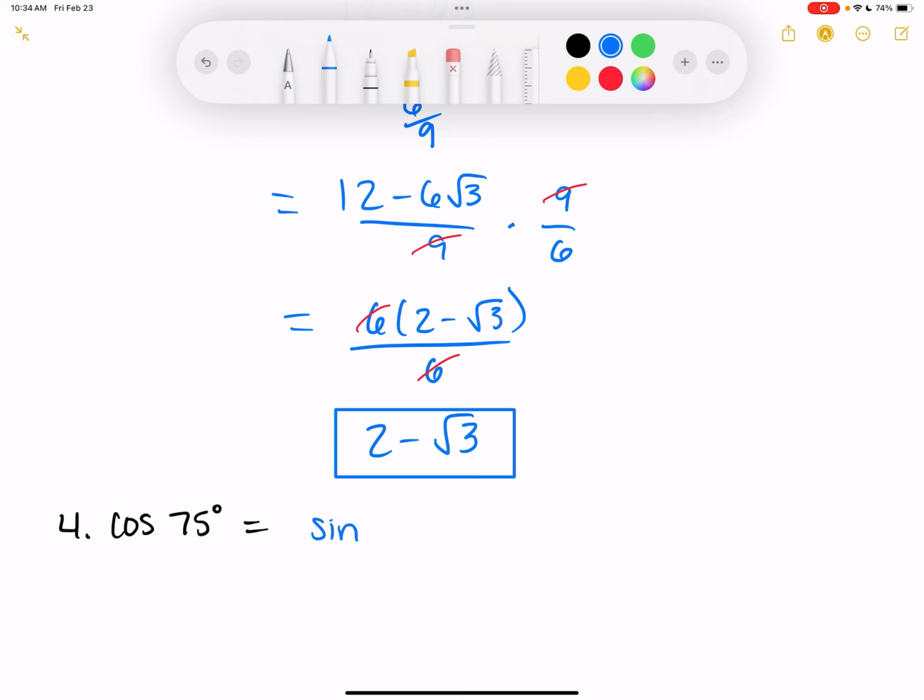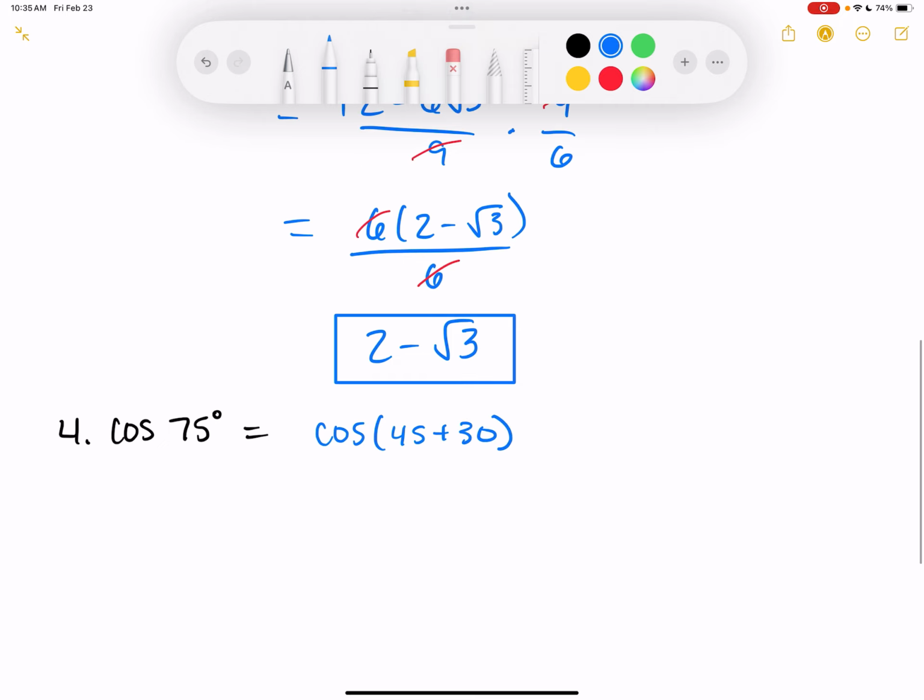So not sine, cosine, of 45 plus 30. So that formula is cosine 45, cosine 30, opposite sign for cosine, and then sine of 45, sine of 30.